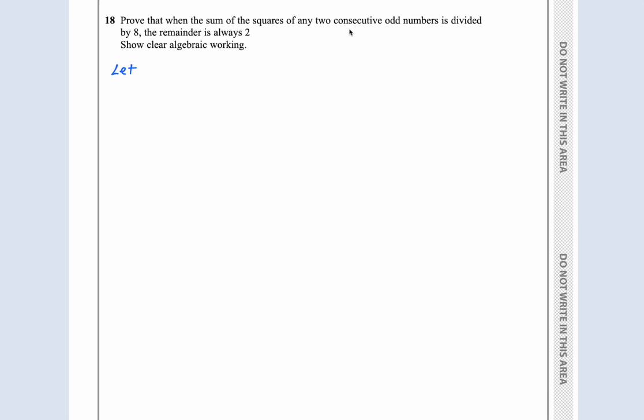so guys, to make an odd number, we do 2n to make it even, and then plus 1 to make it odd. So I'm going to let 2n plus 1, and a consecutive odd number means the next odd number has to be 2n plus 3, because if I just added 2, I'll get the next even number, and when I add 3, I get the next odd number.